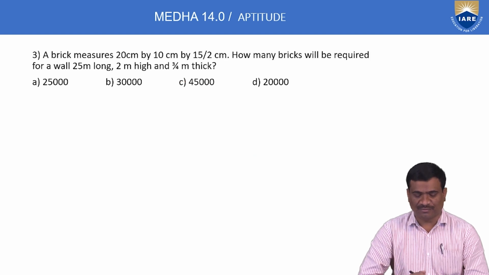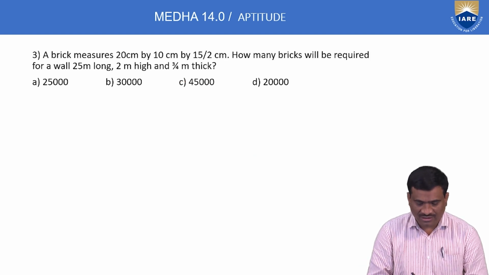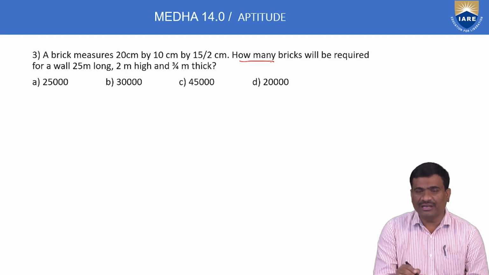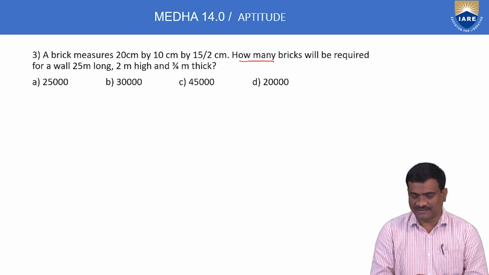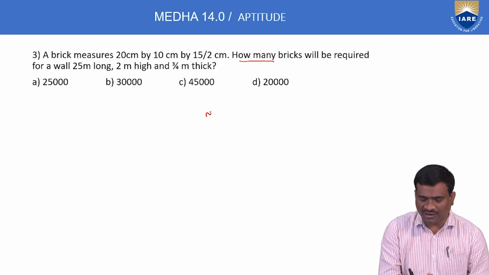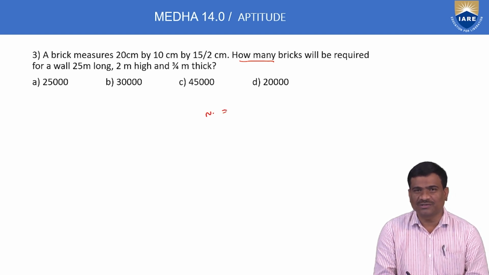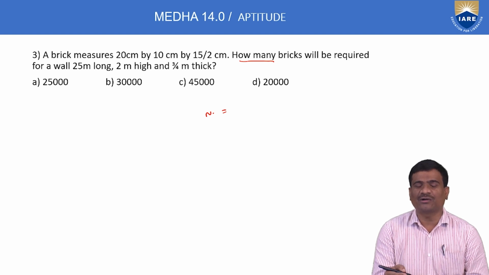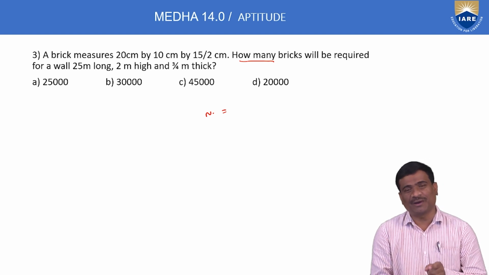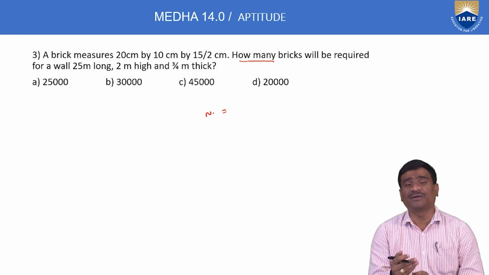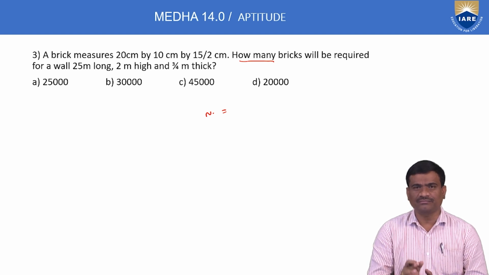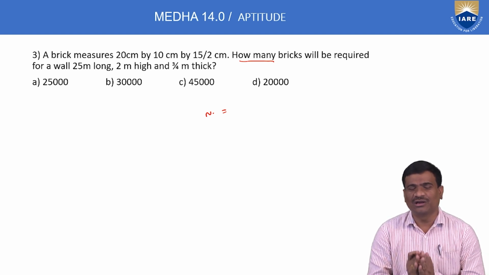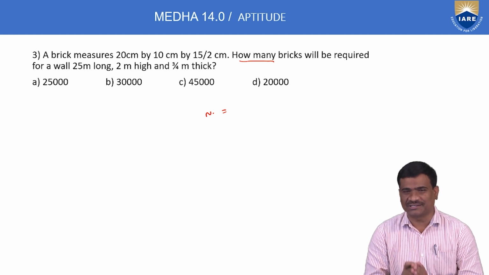Next, example number 3. Area and perimeter: how many bricks? Total number of bricks is equal to total area or total volume divided by 1 brick area or 1 brick volume. Length, breadth, height: volume of a brick is length into breadth into height.